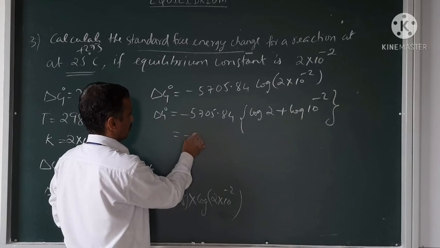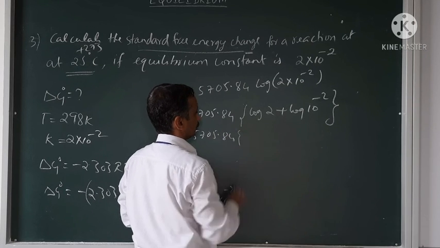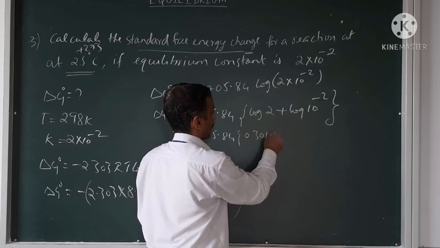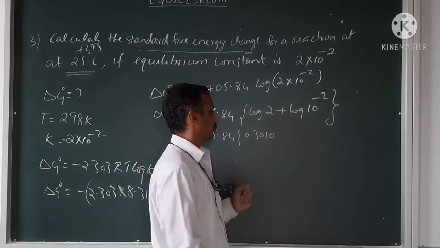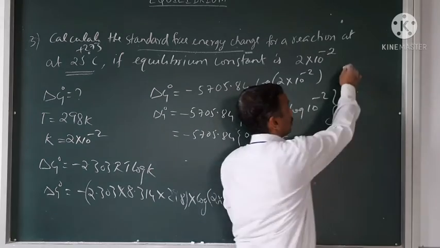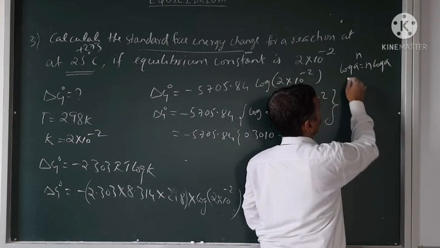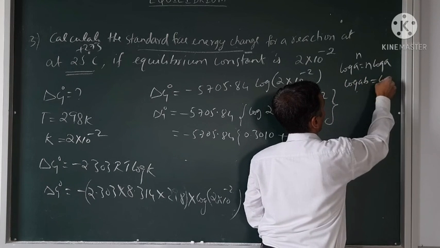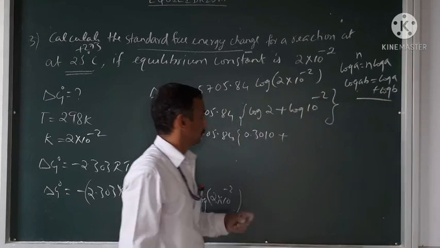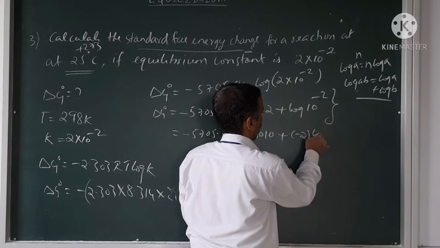Log 2 is 0.3010. Plus, this is in the form of log a to the power n. Log a to the power n is equal to n log a. Log ab is log a plus log b. This relation you have to know. So minus 2 log 10.